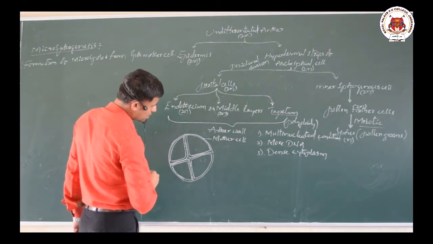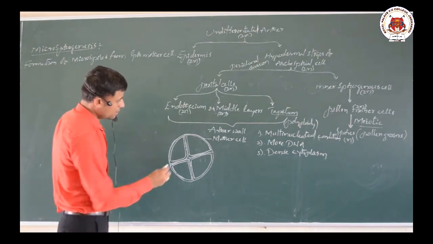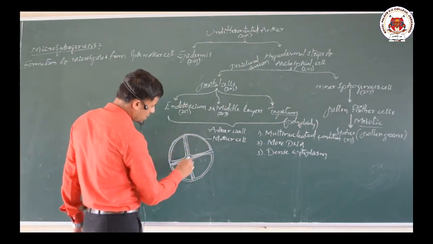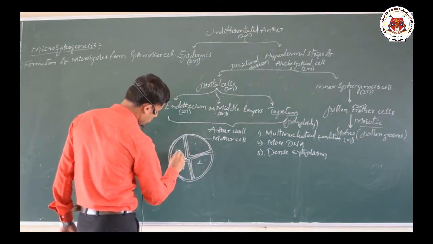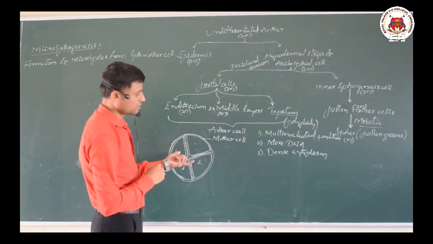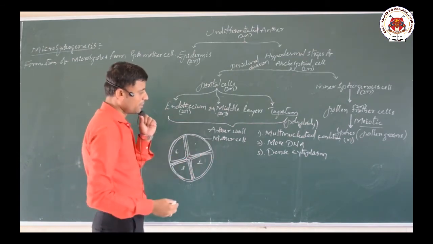So these are the pollen mother cells, with spores like 1, 2, 3, 4, like tetrads of spores formed by each mother cell.